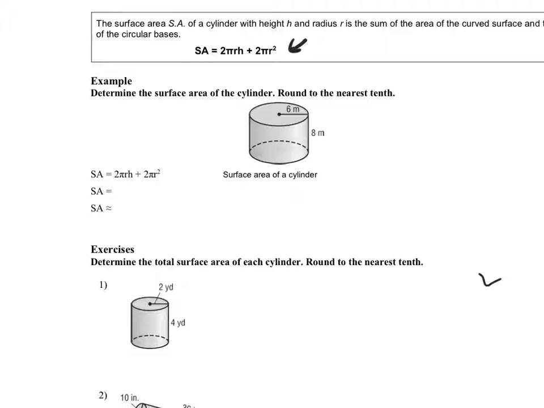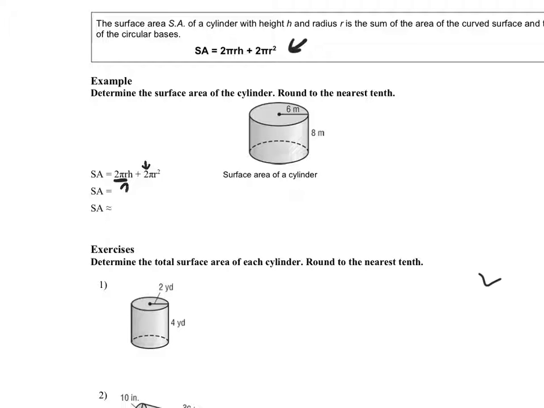It's 2 here because there are two bases. The first part is 2 times pi times radius, which is your circumference formula, times the height, the base-to-base side.